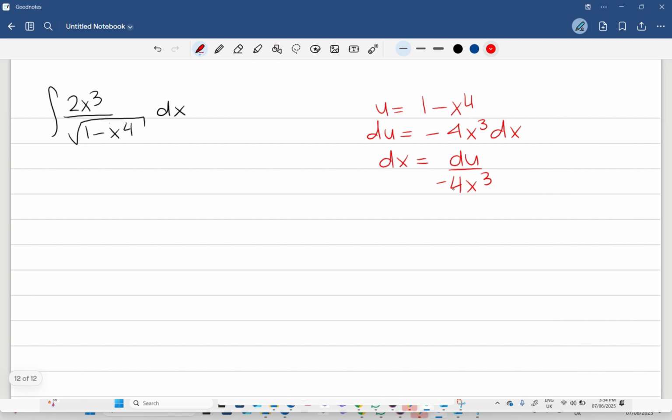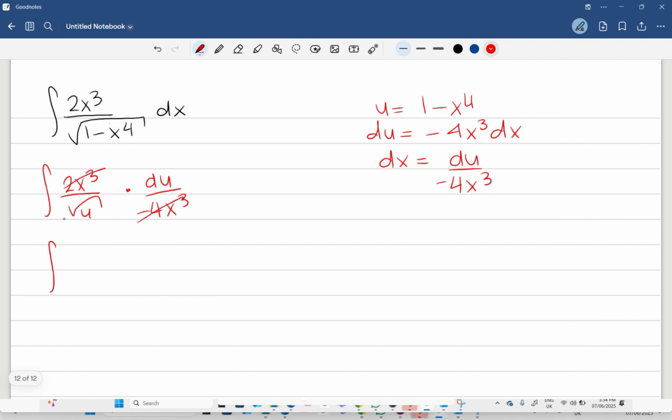It's very useful because then I'm going to get to cancel it and I'm going to make my life easier. So let us rewrite this. It's going to be the integration of 2x cubed over radical u multiplied by du over negative 4x to the power of 3. Now this is going to cancel with this.